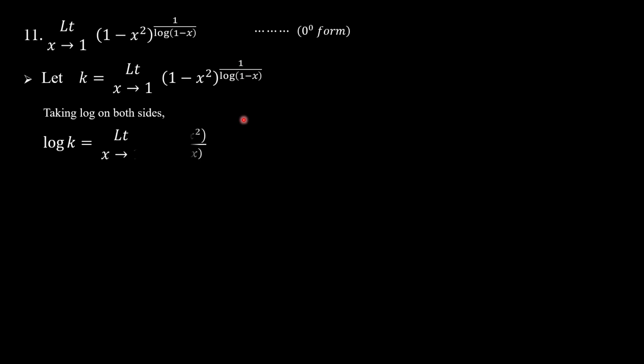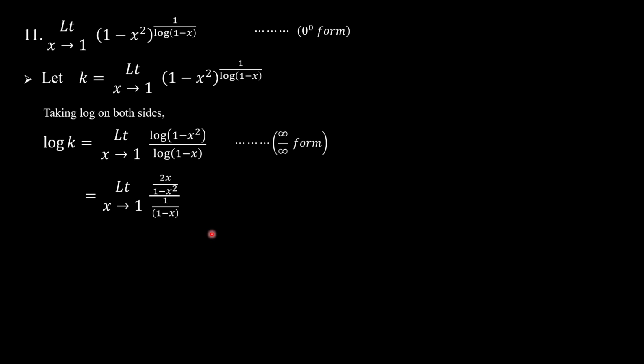log of 1 minus x square by log of 1 minus x. By applying the limit, we will get infinity by infinity form. Therefore, by L'Hospital rule, log k is equal to limit x tending to 1 of 1 by 1 minus x square into minus 2x divided by 1 by 1 minus x into minus 1.